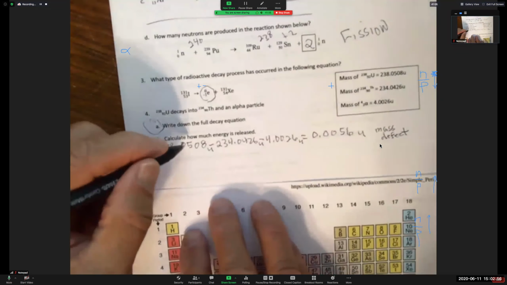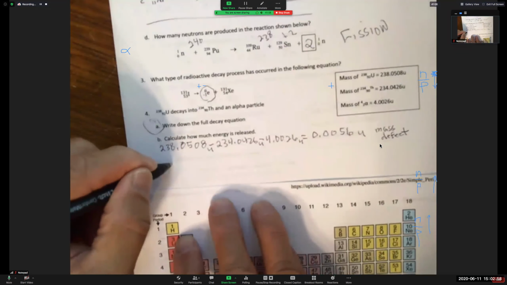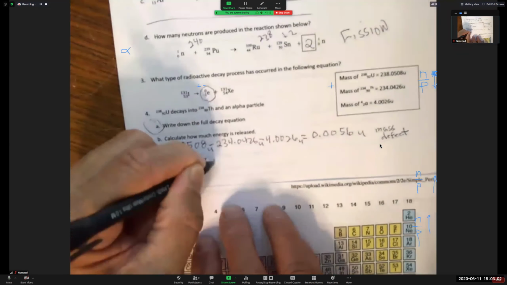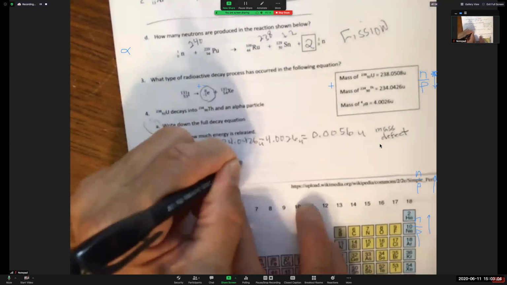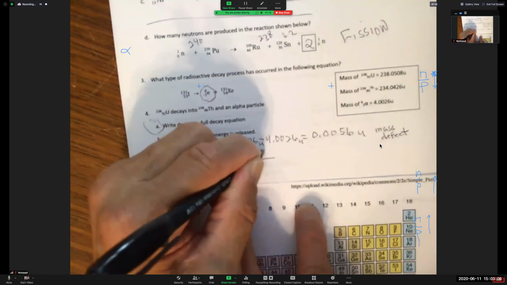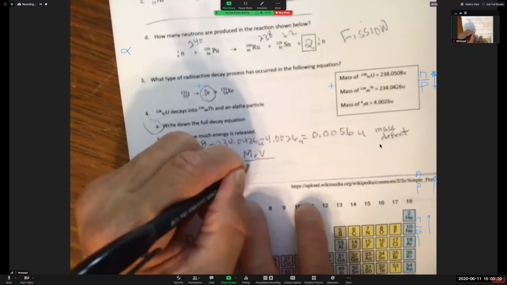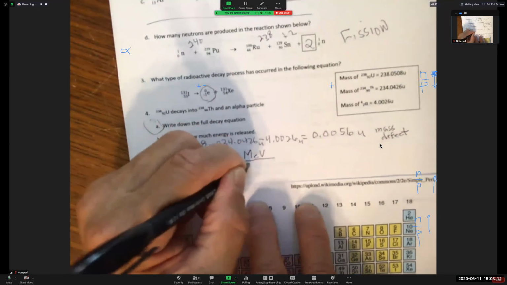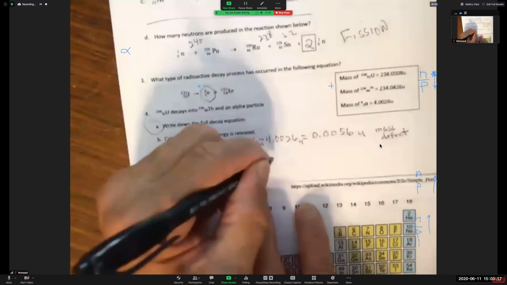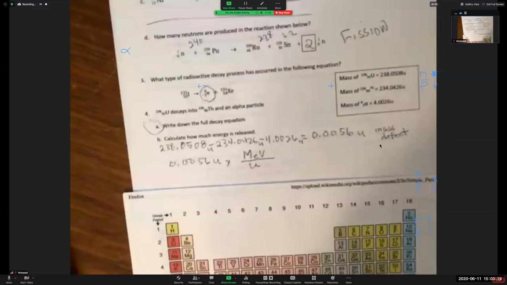That's pretty easy. So we have 0.0056 times our conversion factor of MeV over AMUs. And we can look that up.